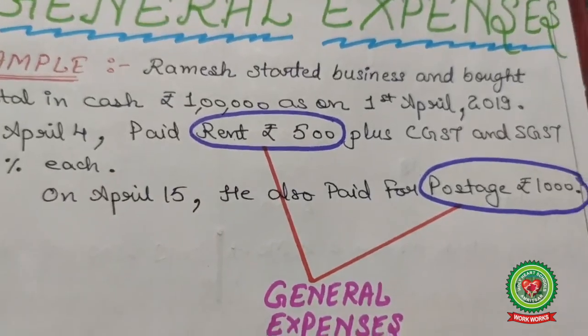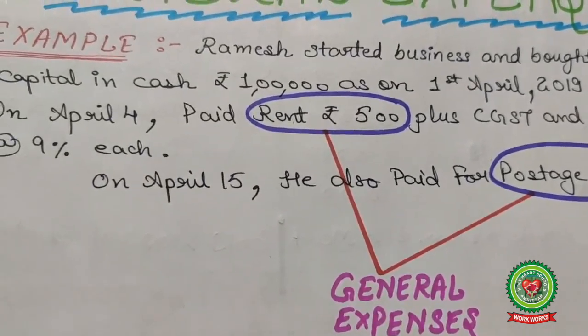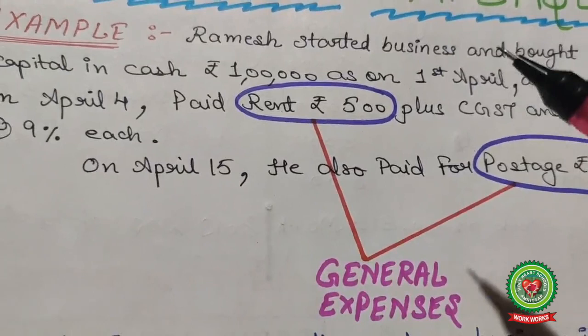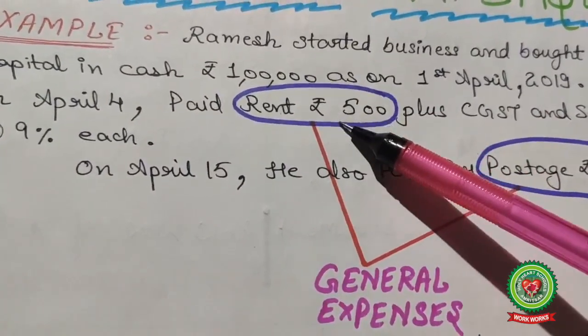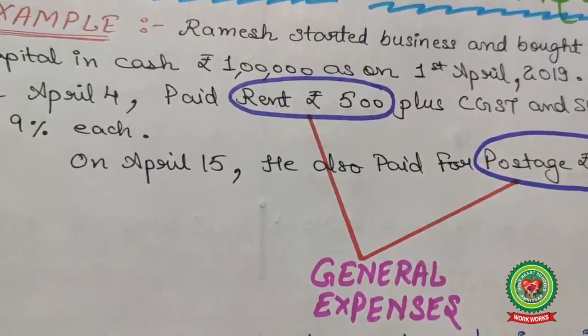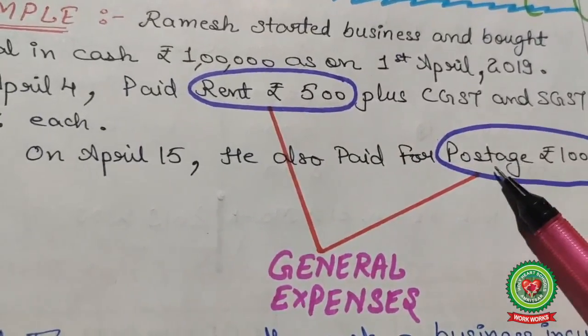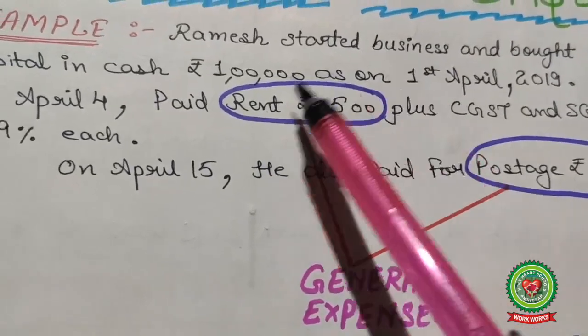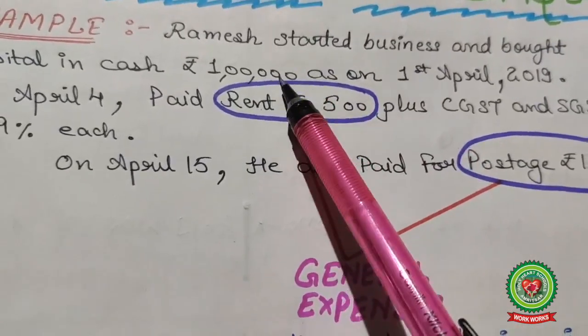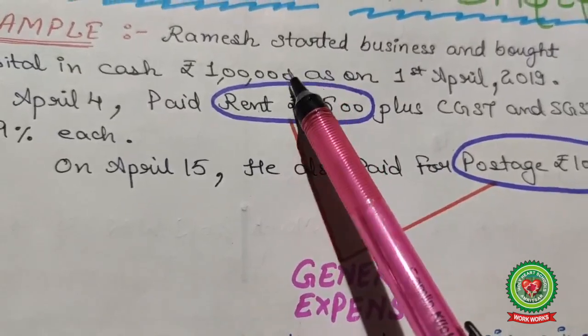So here journal expenses are what a company incurs in day-to-day operations. So here rent of 500 is a journal expense and postage of 1,000 is a journal expense. Here 1 lakh is not a journal expense, it is capital invested in the business.